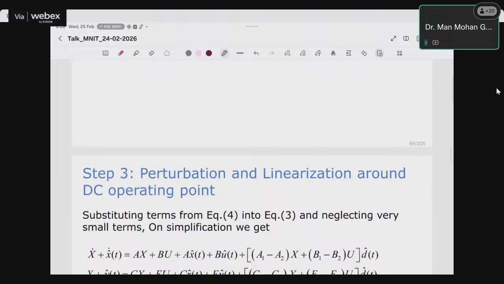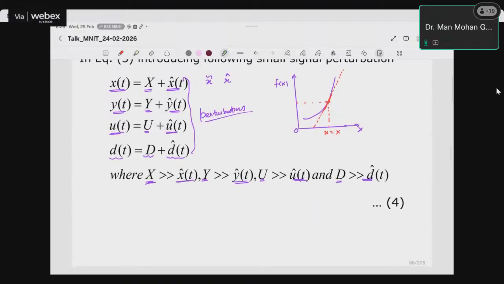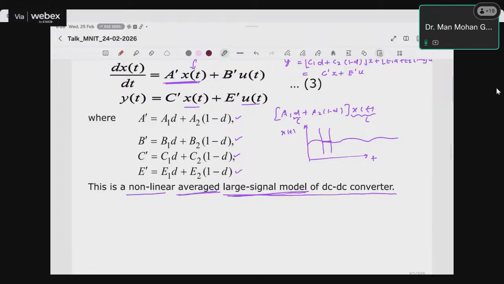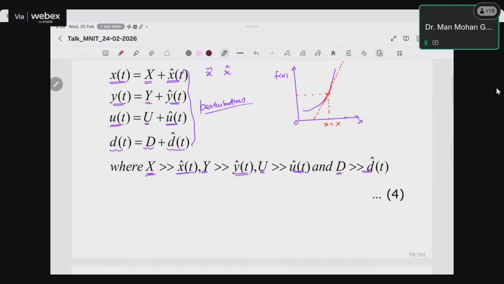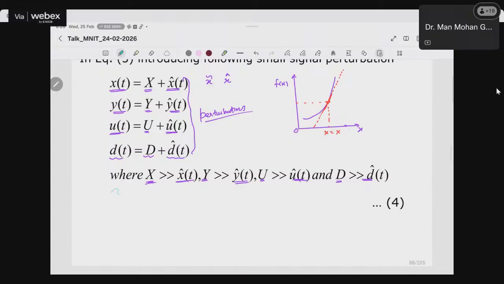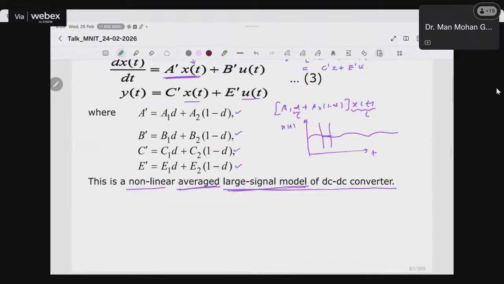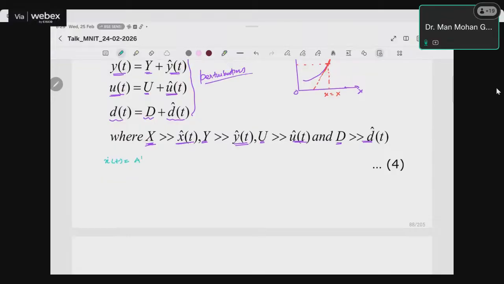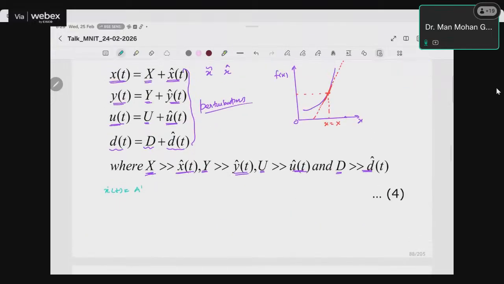Now, after introducing perturbations, let's see how these equations behave. Our original equations are here. I am writing dx(t)/dt, that is x dot(t), equal to A dash x(t) plus B dash u(t), and y(t) equal to C dash x(t) plus E dash u(t).